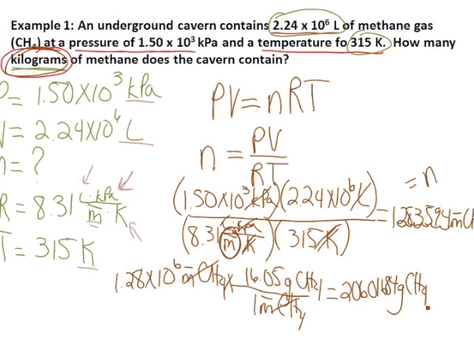Do we want grams? No, we want kilograms. So we still need to do another conversion, because we know that for every 1 kilogram, there's 1,000 grams. Okay?